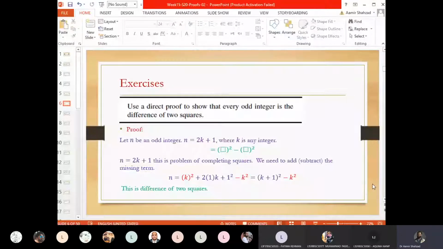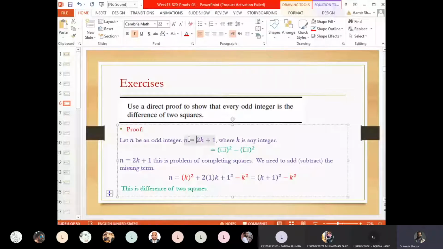So we have to make a generalized proof. So over here we can see, if we have an odd integer, then it's going to be difference of two squares. So let's take an odd integer. So let n is equal to 2k plus 1. So this is an odd integer, n is equal to 2k plus 1.